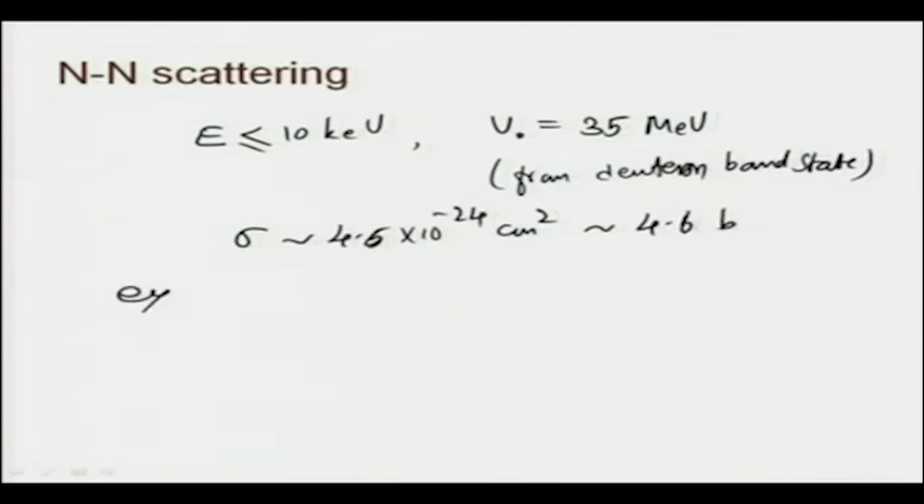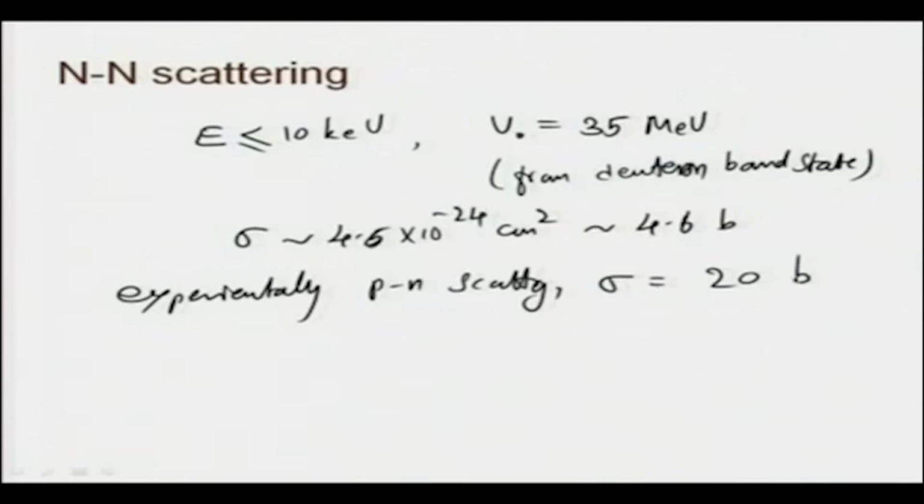But experimentally, the proton-neutron scattering cross section is given to be something like 20 barn for low E values. So, low energy scattering values experimentally give sigma equal to about 20.